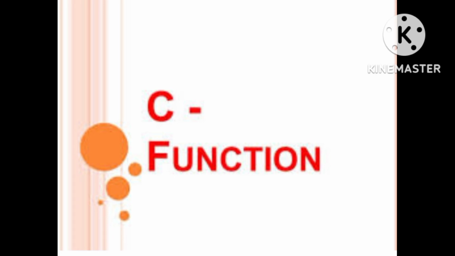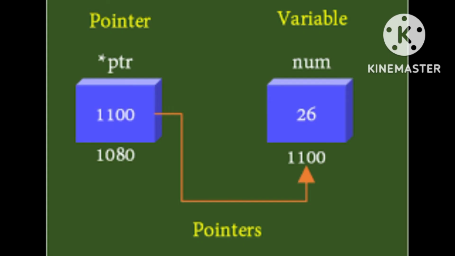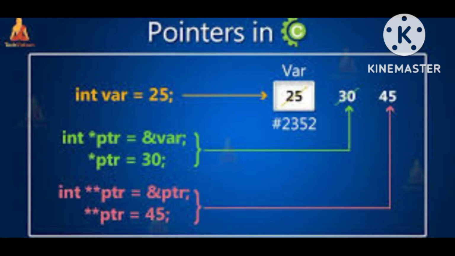A function is a self-contained block of statements which performs a specific task. And the fourth one is pointer. What is a pointer? A pointer is a variable which stores the address of another variable of the same data type. This is the process of pointer.